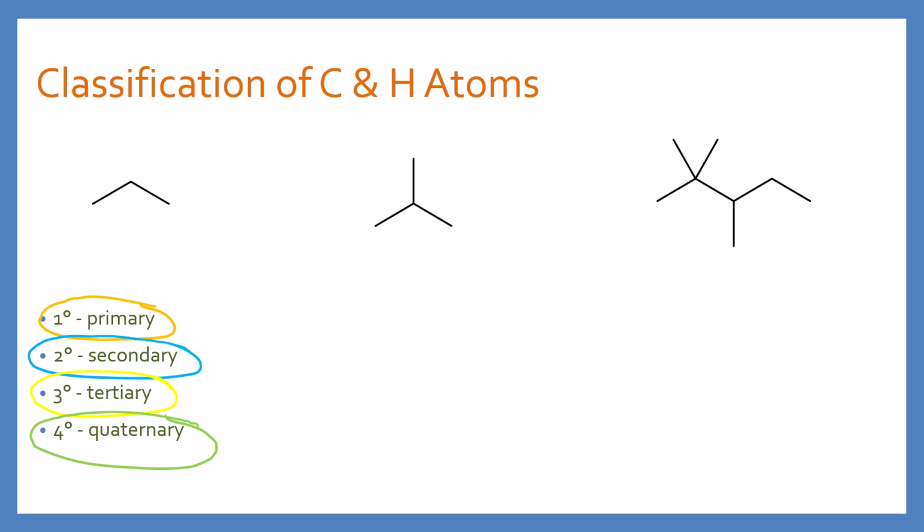Primary carbons are only attached to one other carbon. So this carbon is a primary carbon because it only has a bond to one other carbon atom, which is here. That is not a primary carbon though. This one also only has one other bond to a carbon atom, and therefore it is primary. So what you'll notice is that primary carbons tend to be methyl groups, CH3.